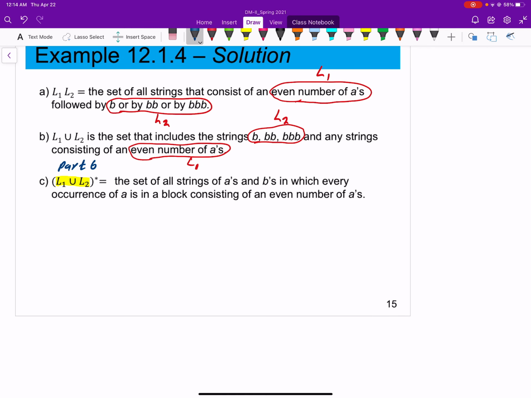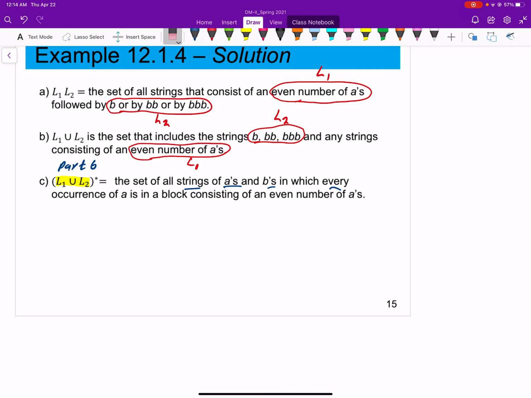Okay, that is the set of all strings of A's and B's in which every occurrence of A is in a block consisting of an even number of A's. Right? It's a combination of A's and B's, but if it has A's, then they should be in blocks of even numbers.